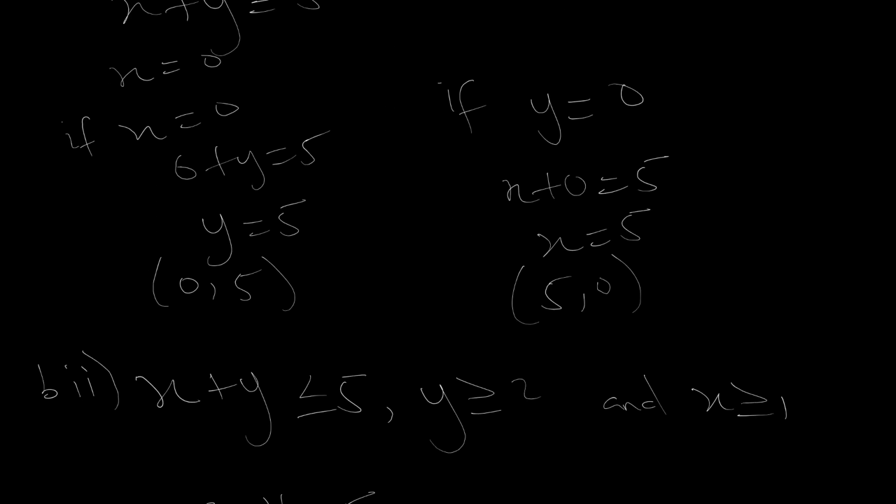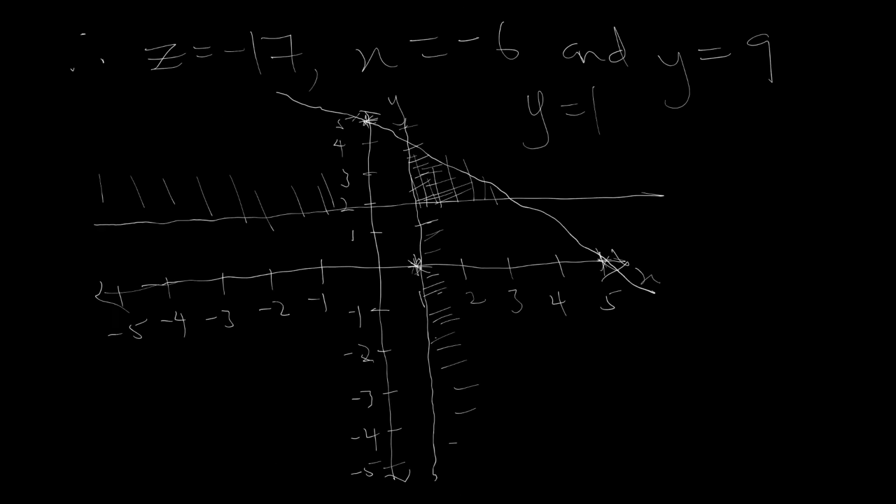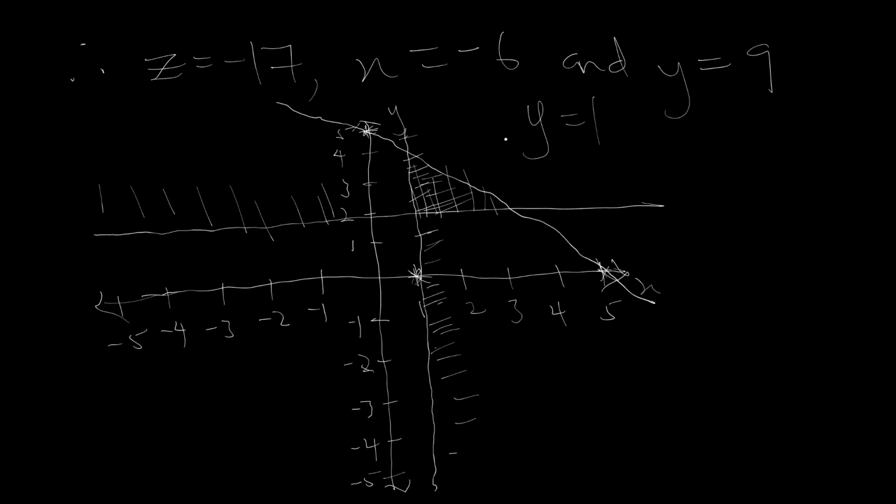Okay, so moving on to the x plus y is less than or equal to 5. So the trick here is we have the x plus y is equal to 5 line. So x plus y less than or equal to 5 will be all values below the x plus y is equal to 5 line. And for x plus y greater than or equal to 5, it will be all values above the x plus y is equal to 5 line.